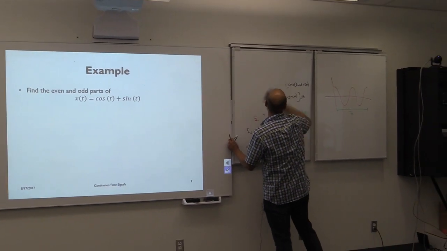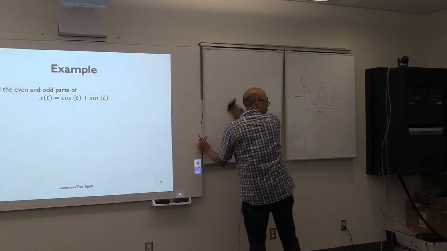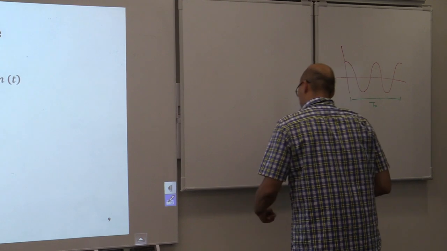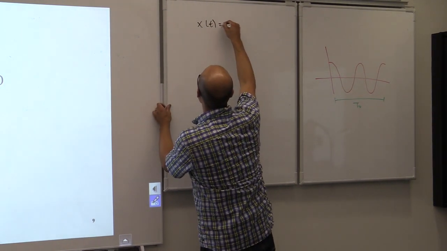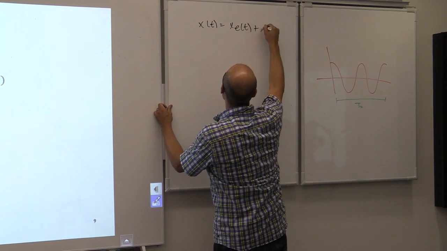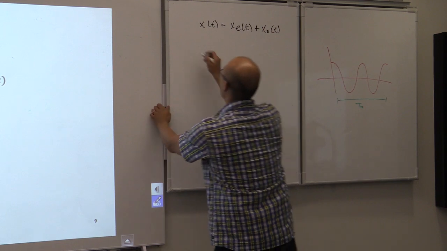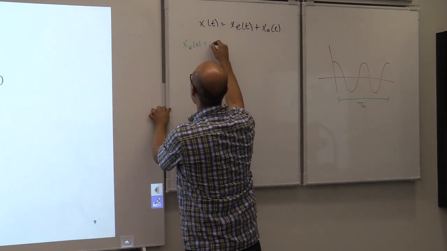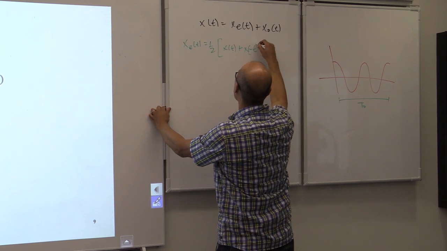So we start with x of t equal to x e of t plus x o of t. The even part of this signal, x e of t, is a half x of t plus x of minus t.